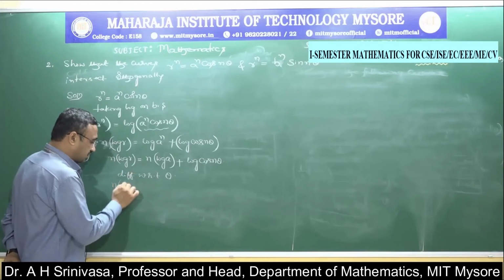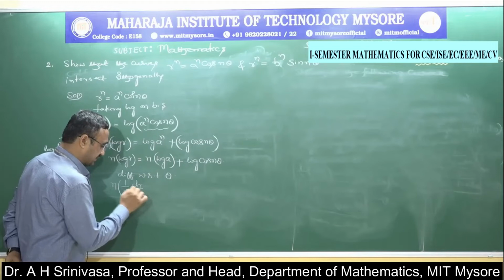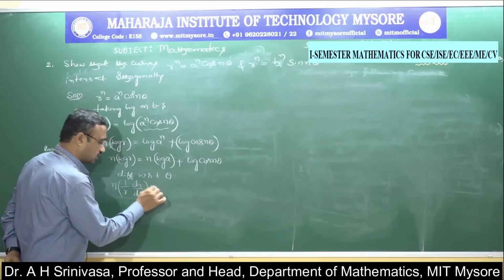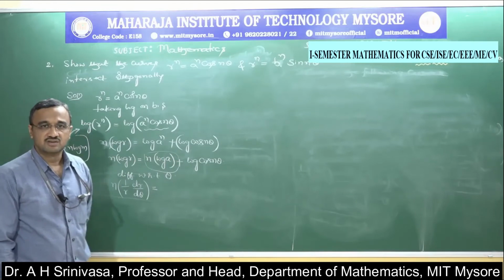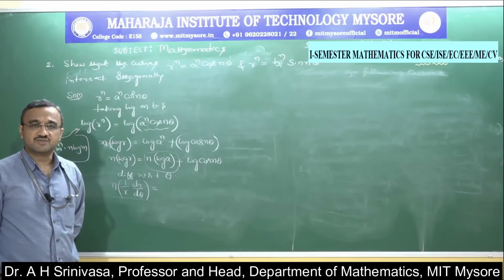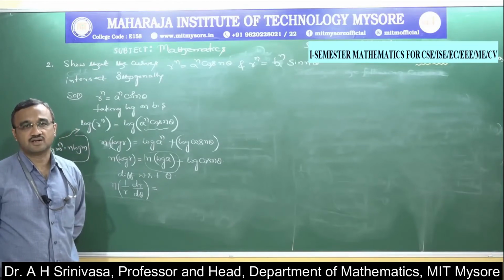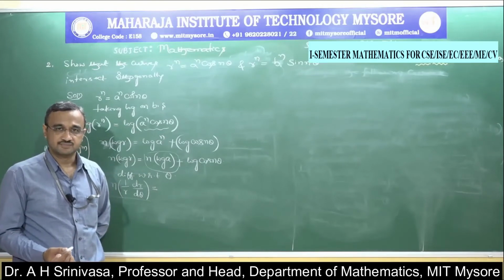The differentiation of log r is 1 by r dr by d theta, should be equal to, n is constant and log a is also constant. The differentiation of a constant function becomes 0 if we differentiate with any variable.